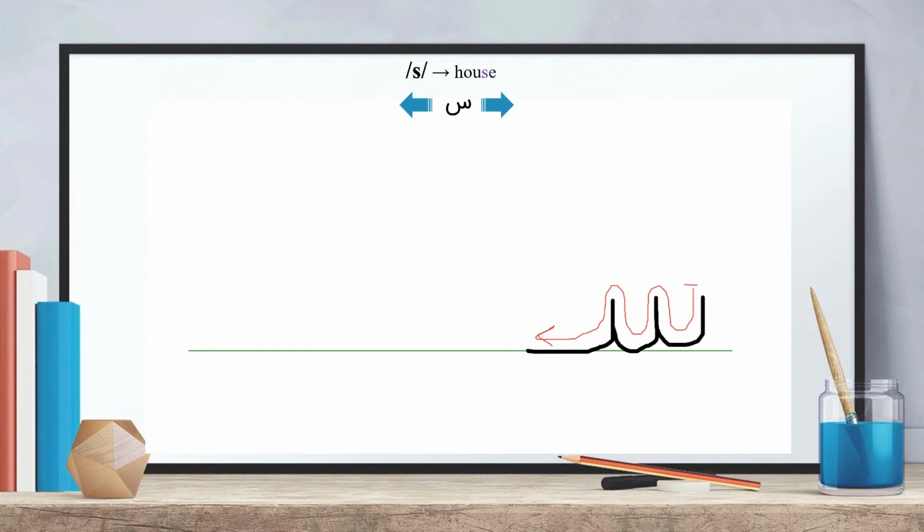But when we want to write it at the end of a word, we write the 3 jacks exactly the same as in the beginning, but this time we make a big half circle and then we make it upward. Exactly like this. Se can be connected to other letters from both sides.